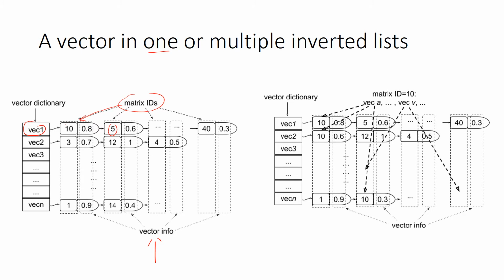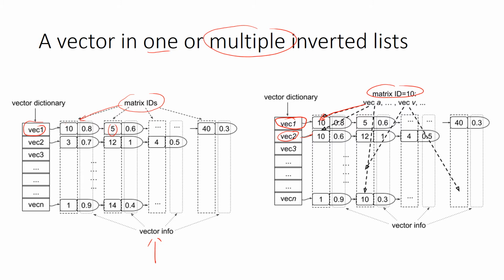But we can also store one vector in a matrix in multiple inverted lists to speed up the query processing. For example, for this matrix ID of 10, we can store these vectors in the inverted list corresponding to vector 1 and corresponding to vector 2 as well, and many other inverted lists.